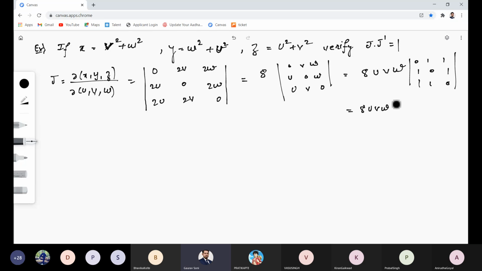The determinant 0 into something, then 1 into minus 1 minus plus 1 into 1. So it is 2 actually. So this is 16 UVW.